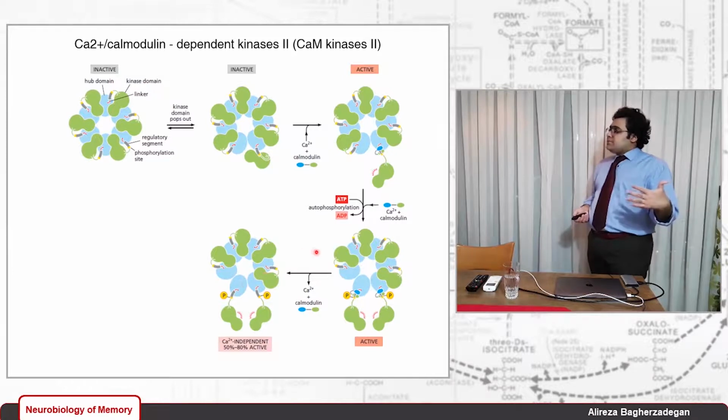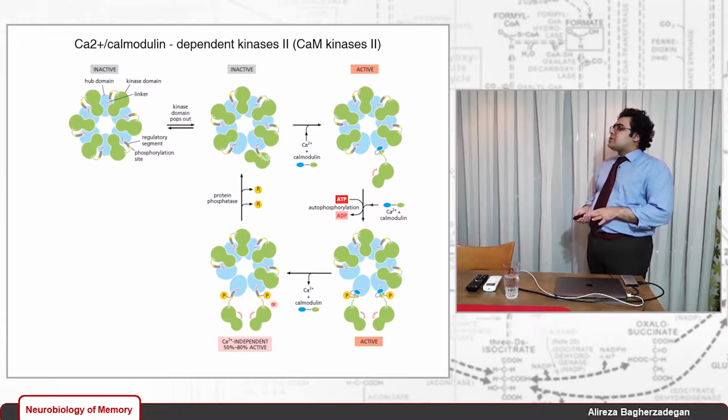Okay, because even after the detachment of calmodulin, it can still be 50 to 80% active, and it turns into a calcium-independent enzyme. Okay, and it stays active until a protein phosphatase dephosphorylates these phosphorylated sites, and a protein phosphatase actually turns it into an inactive enzyme again.